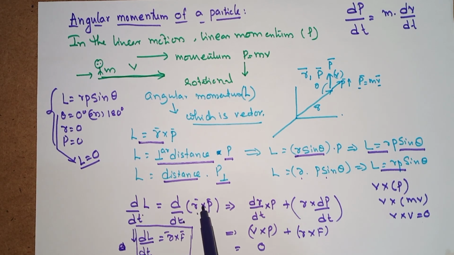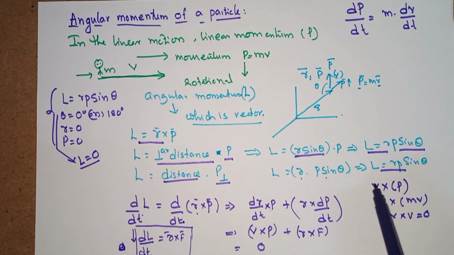Here the cross product is there, and accordingly dr by dt cross p plus r cross dp by dt. First we have taken dr by dt, second time we have taken dp by dt. So dr by dt, the rate of change of position vector, is velocity, v cross p, we will write it here. Now r cross F.